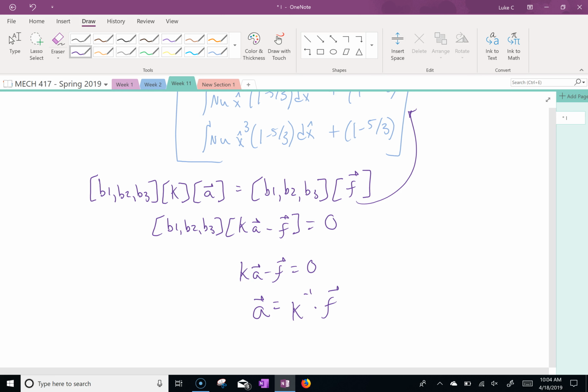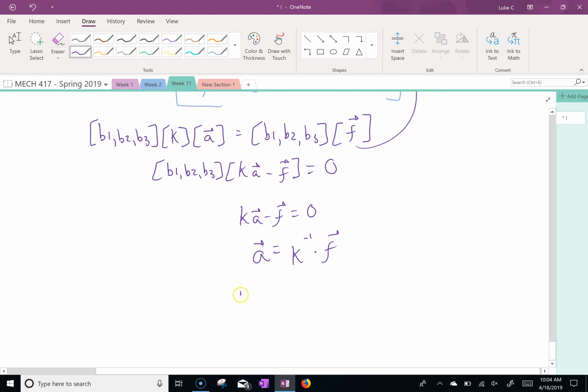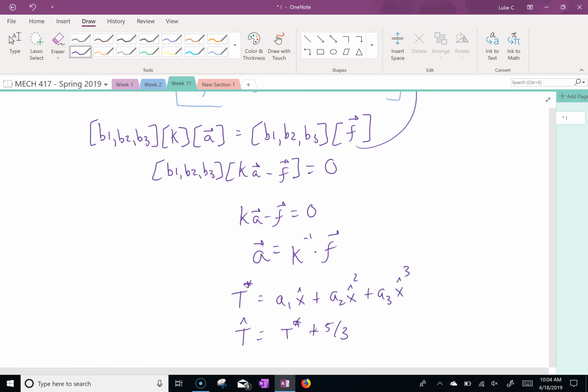A is your coefficients to what? T star. And you got to remember that T hat then is T star plus 5/3. So it all hopefully comes back to making a little bit more sense.